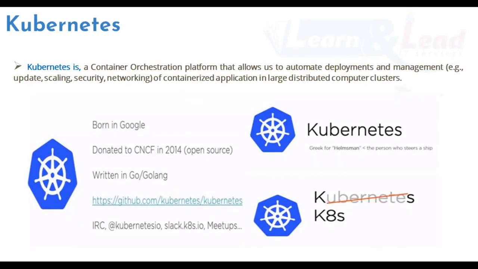Kubernetes is simply a container orchestration platform that allows us to automate deployment and management of containerized applications in large distributed computer clusters. For example, you already saw this: update, scaling, security, networking, the challenges that we discussed in deploying containers, correct?